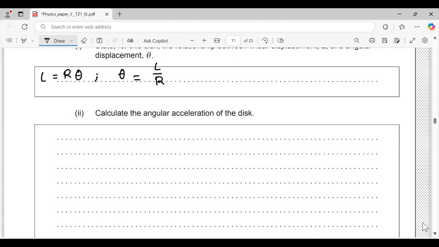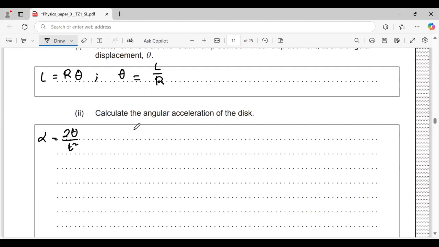Calculate the angular acceleration of the disk. To determine the angular acceleration, I'm going to use the rotational kinematic equation alpha equals 2 theta over t squared, where alpha is the angular acceleration, t is time, and theta is the angular displacement.